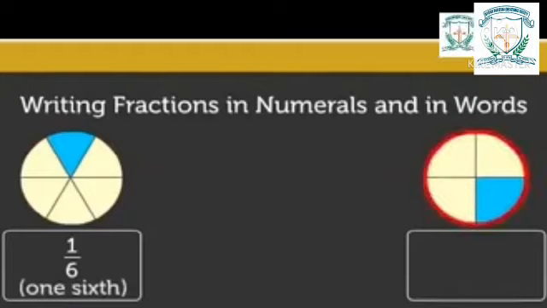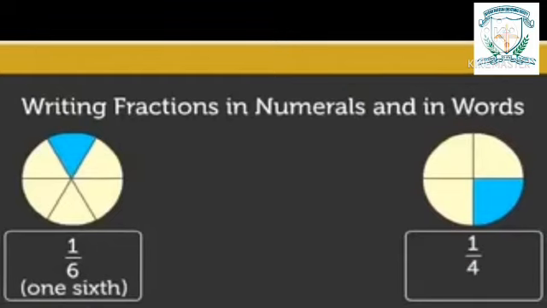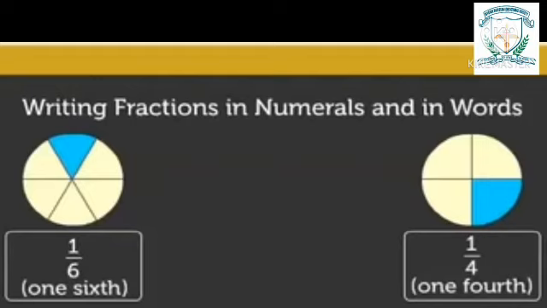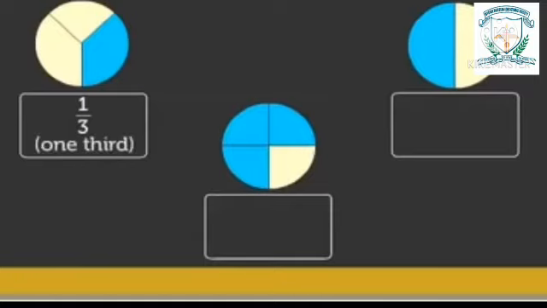Here it is written in numerals as 1, then division bar, then 4 below it, and as 1/4 in words. For this figure, it is written as 1 divided by 3 in numerals and in words as 1/3.